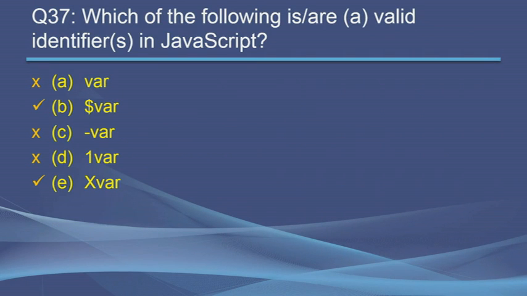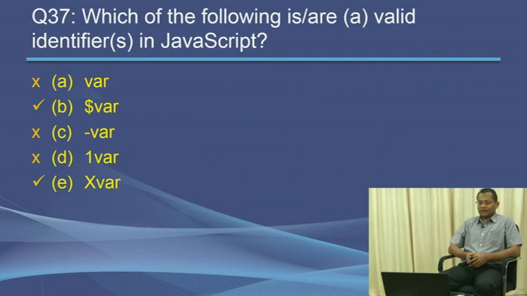So let's move on to the revision, and look at the first question in the 2015 IT1305 paper. The first question is, which of the following are valid identifiers in JavaScript? When you define variables, there are some reserved words and some rules when giving a variable a name, so you need to know those rules. var, for example, is a reserved word in JavaScript which is used to define variables.